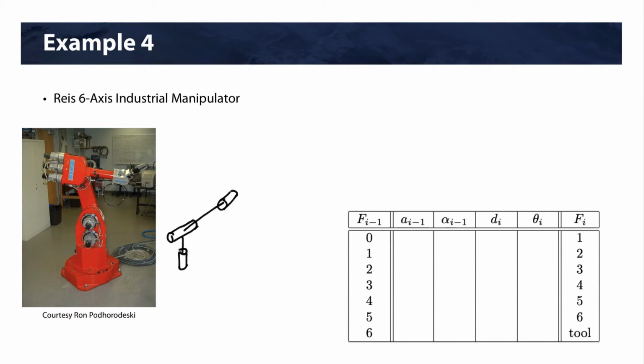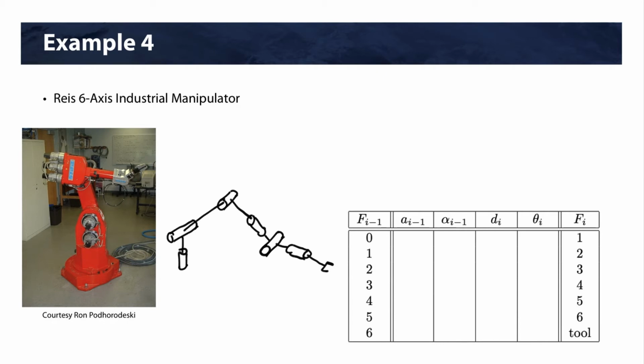So those are our first 3 joints, and they make up what we call the main arm of our robot. This is then perpendicular to another revolute joint, which is perpendicular to another revolute joint, which is perpendicular to the 6th joint. And then we'd have our tool here.